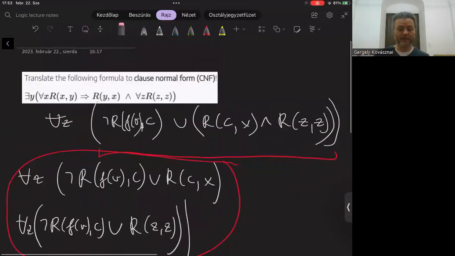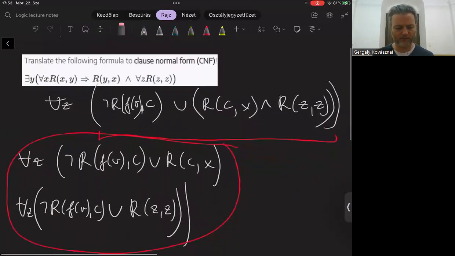Okay, this is a solution to the original exercise, but I would like to show you something interesting, and I will try to do it as fast as possible. If you remember, at the beginning we chose between two quantifiers which one to lift first, and we chose for all z.